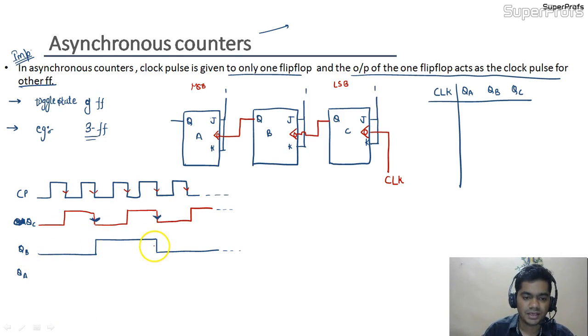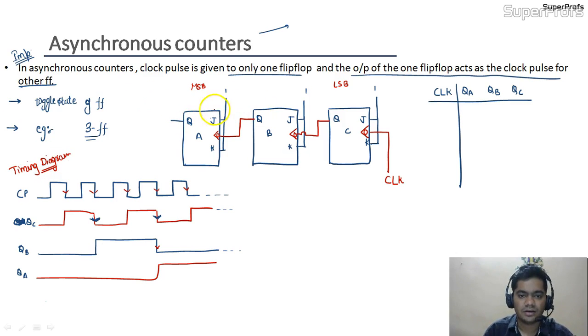If QB has a falling edge at this point, then only QA would change. So it would remain 0, and at this point it would become 1. So this is the timing diagram. You can understand the timing diagram like this. This is the timing diagram for the up counter.